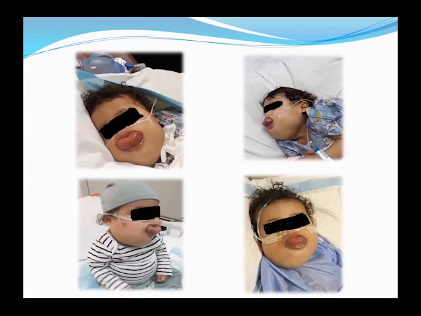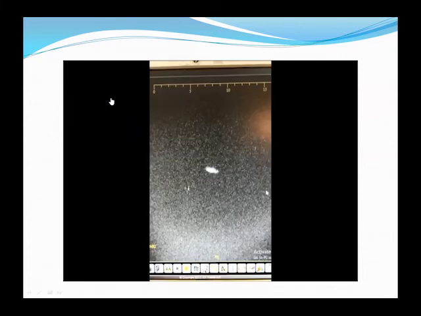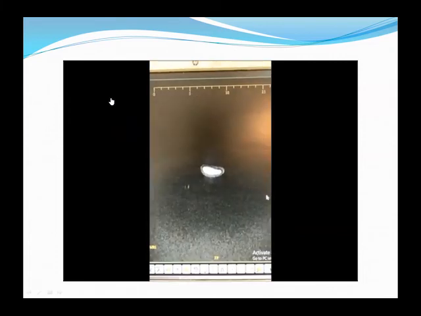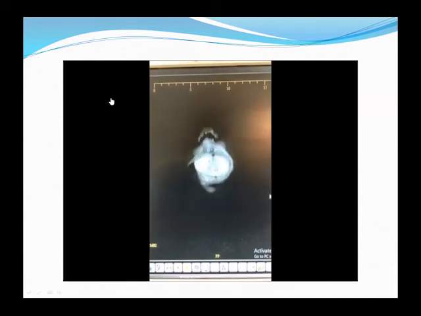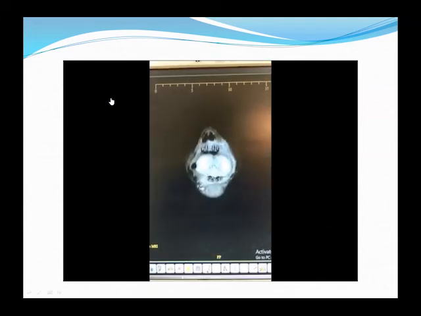You can notice that, according to the classification, it is stage 4. These are the images done for this child. It showed a mixed lesion, a macro and microcystic lesion.